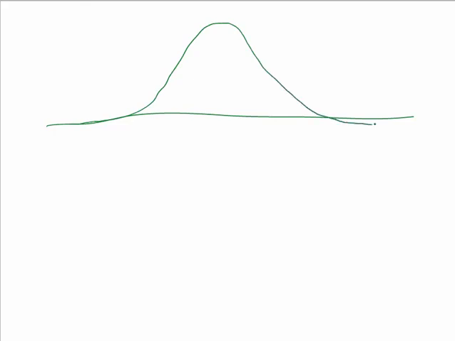Now before we go and actually solve for p, I want to remind us what p actually is. So here's our standard probability plot, and it's standardized such that the mu is 0 and the standard deviation is equal to 1.